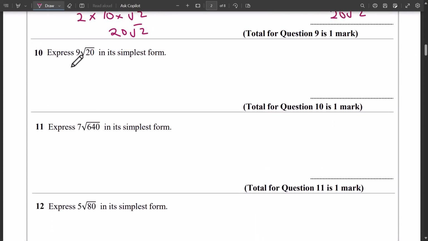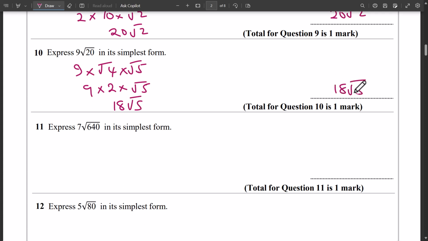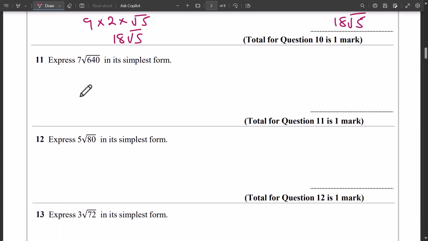And the same for this, we can simplify this by writing 9 times root 4 times root 5. Root 4 is 2, and then times it by 9, and then times that by root 5. 2 times 9 is 18, so that's 18 root 5. And for this, we can also do the same, but root 7 times.